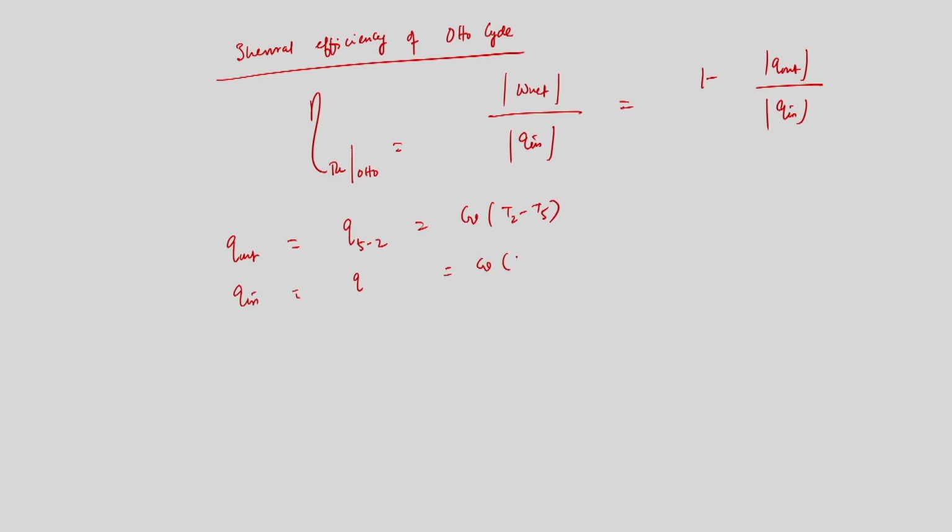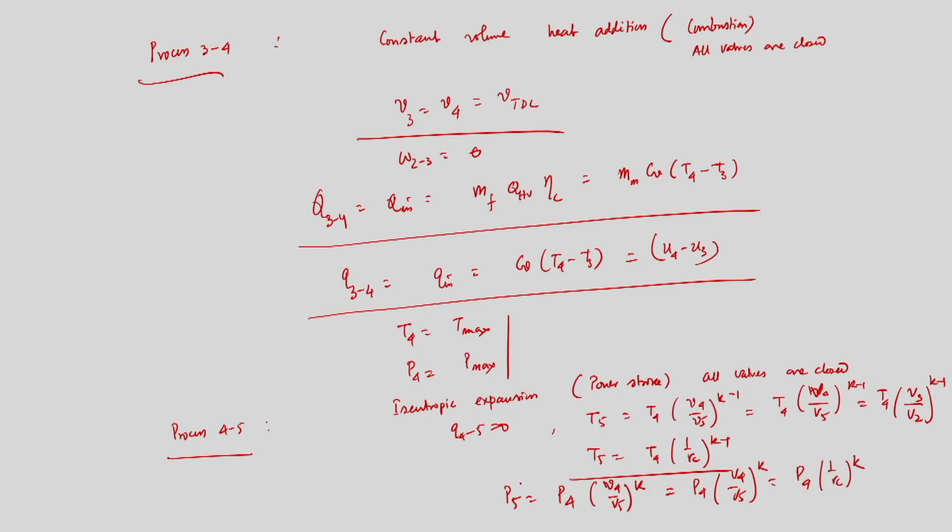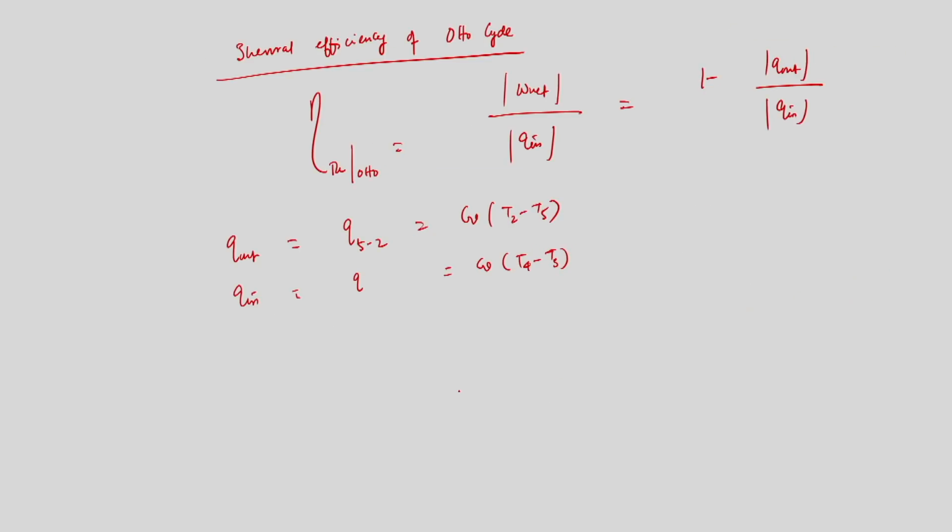So, if I plug in the value of Q out and Q in in this expression, what we are getting is 1 minus Cv into T2 minus T5 divided by Cv into T4 minus T3.